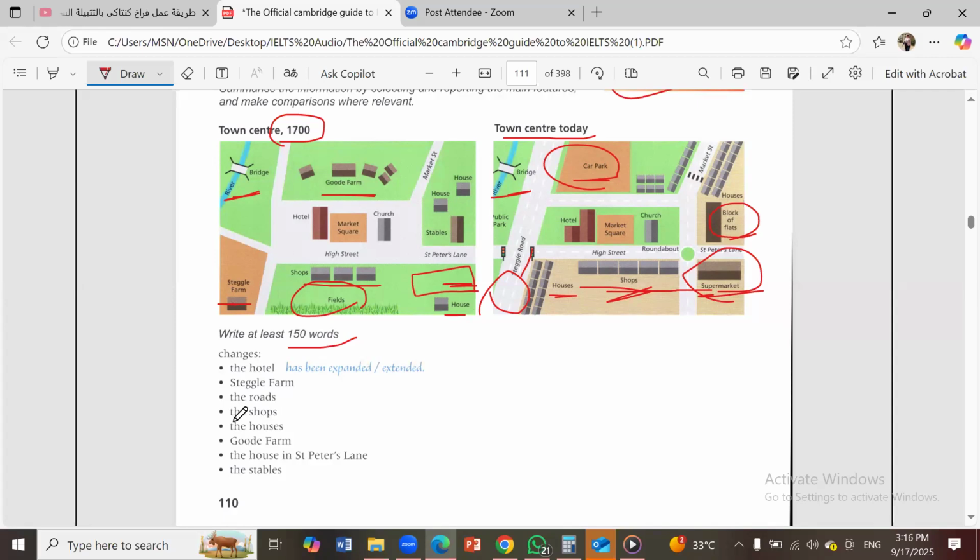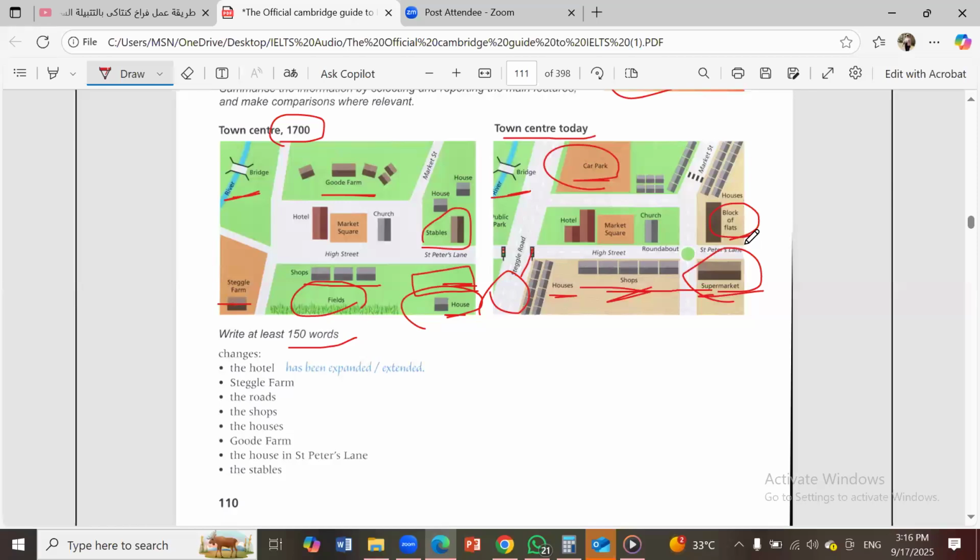The shops increased, the houses changed, the setting of the houses changed. The good form, where did it go? It was replaced by a car park. The house in Peter Lane, here, and the stables, were replaced by a block of flats. We're going to describe all this information in only 150 words.